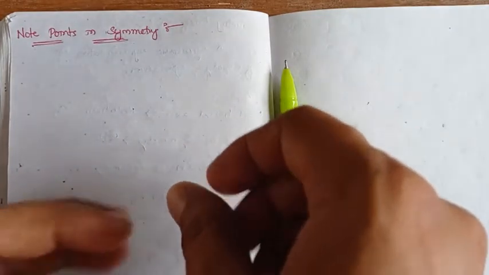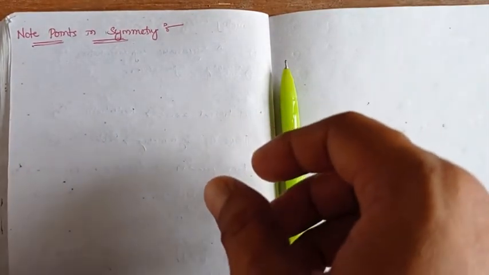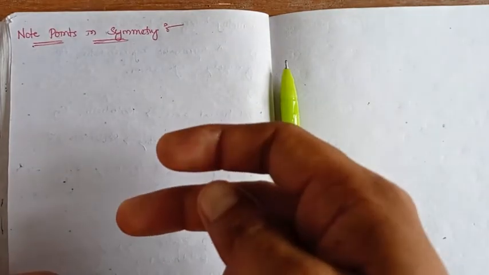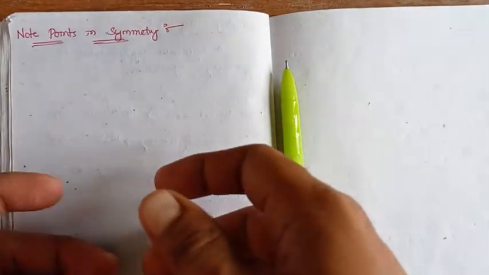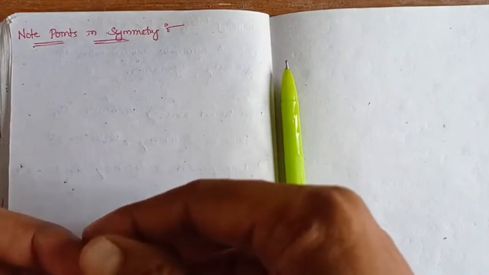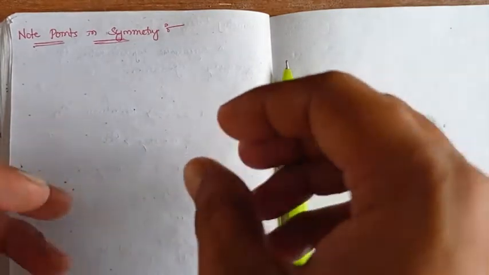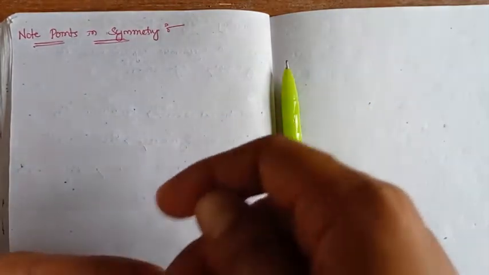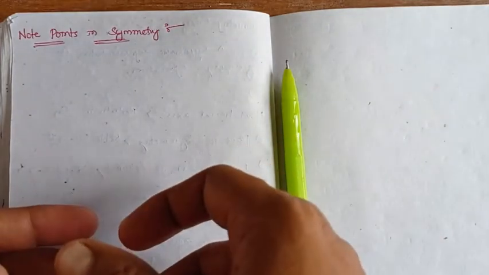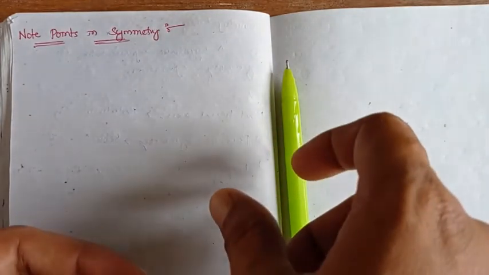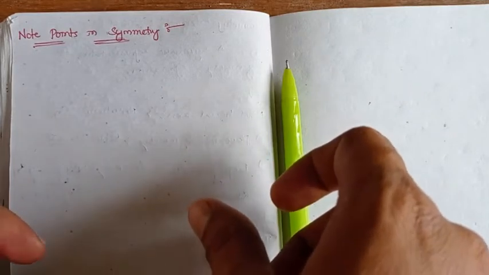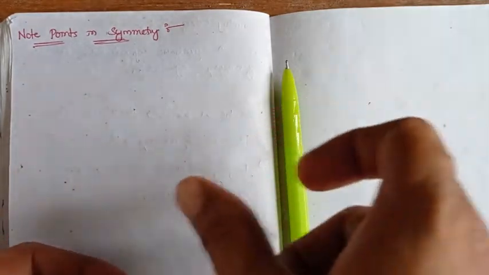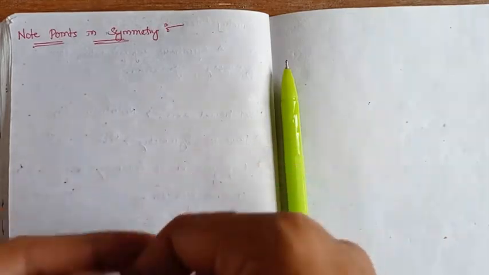The symmetry operation, either rotation or reflection or inversion, or rotation followed by reflection, whatever we do, when it generates an identical or an equivalent structure, only then will that specific symmetry operation be considered.